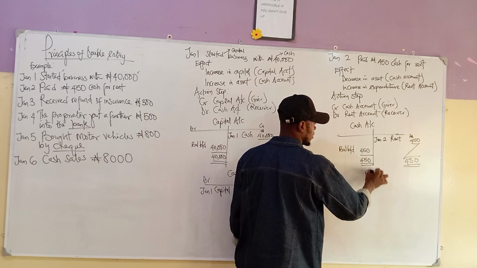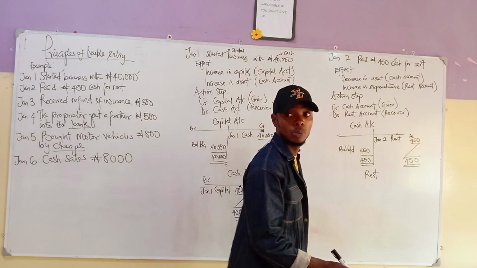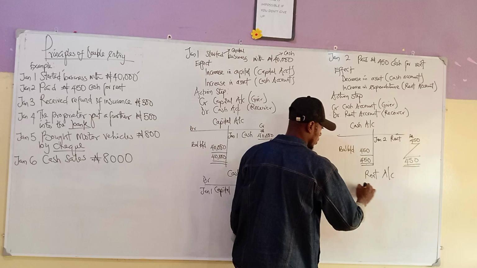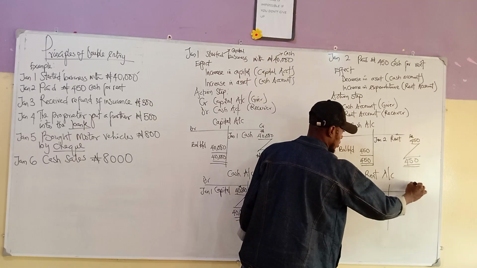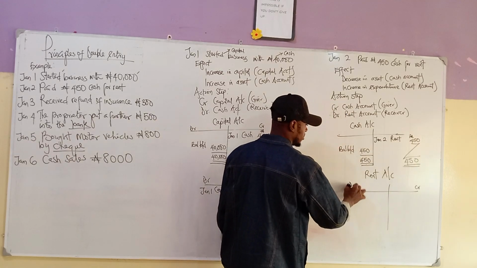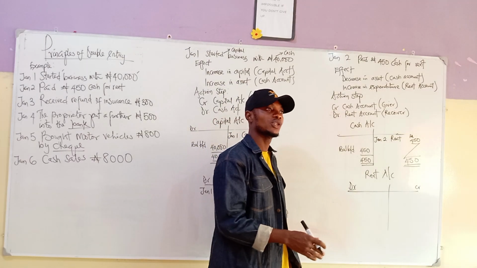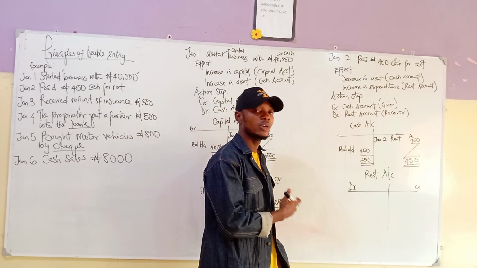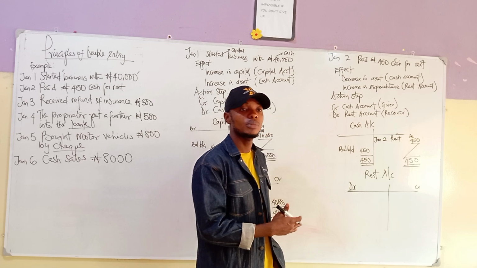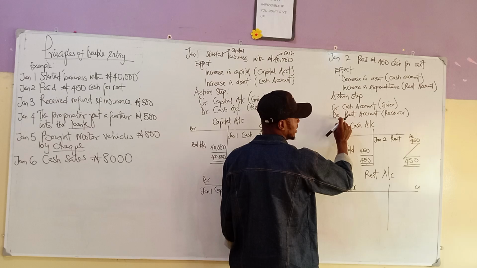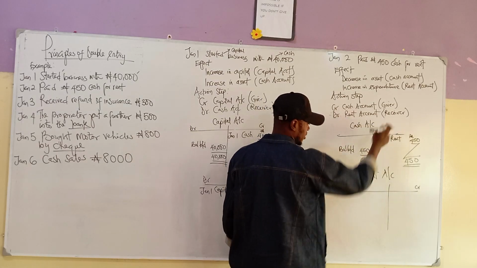Then the second account we are opening is the rent account. Under our rent account, the posting is credit on this side, debit on this side. Because it is an expenditure, every form of expenditure in the individual account is recorded on the debit side, and every income is recorded on the credit side. Knowing that, here we said debit rent account, which is the receiver.